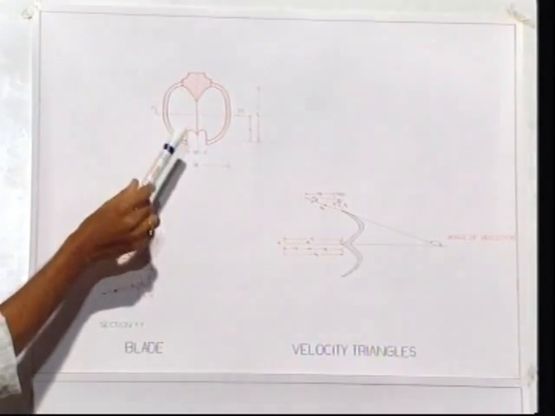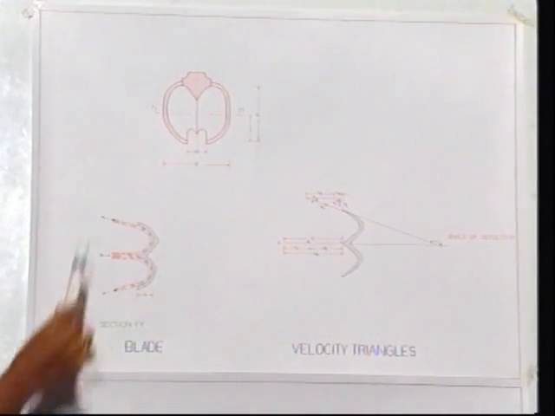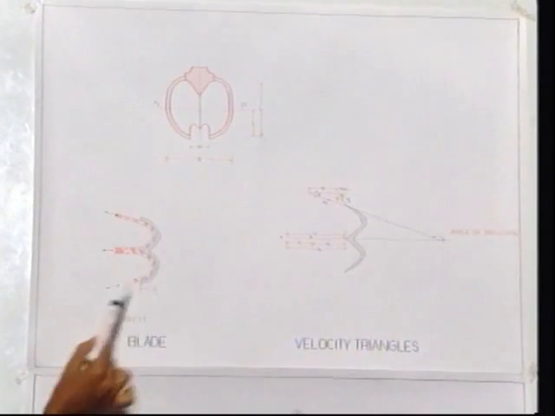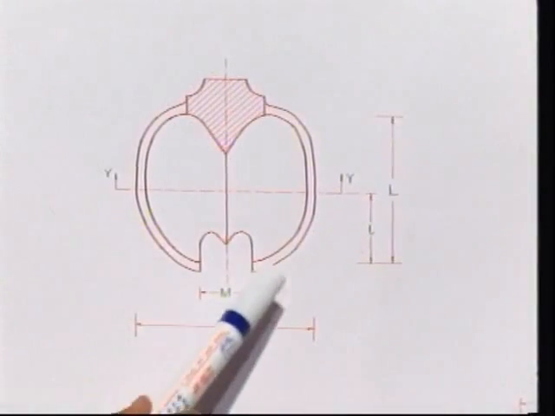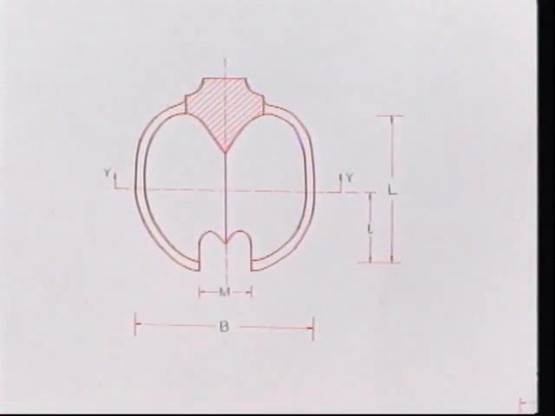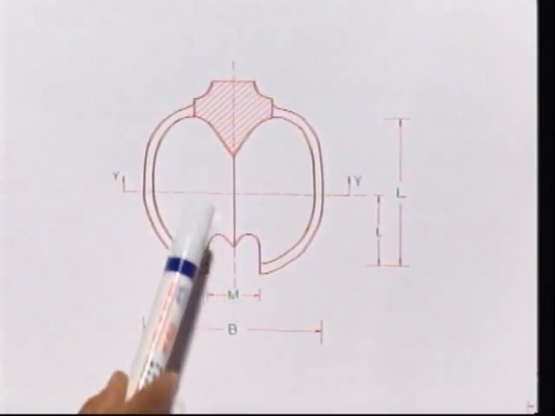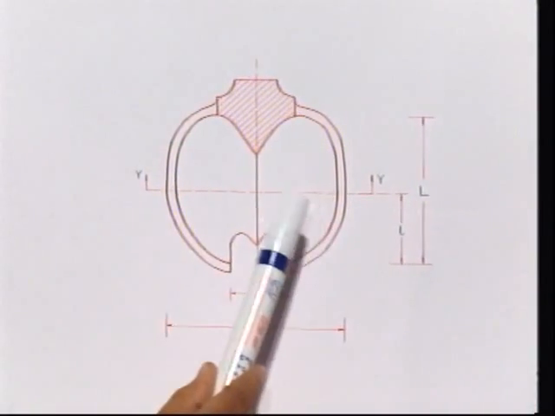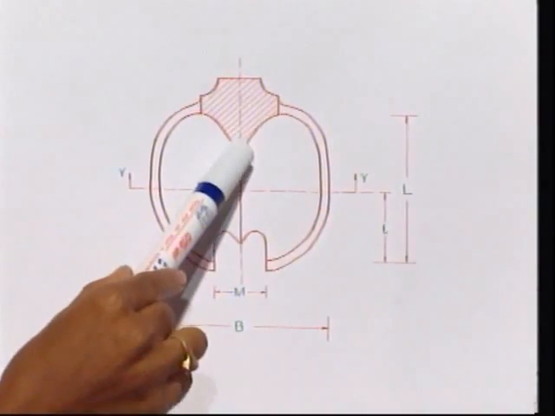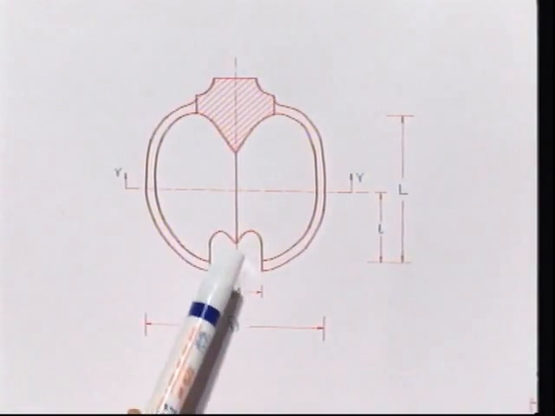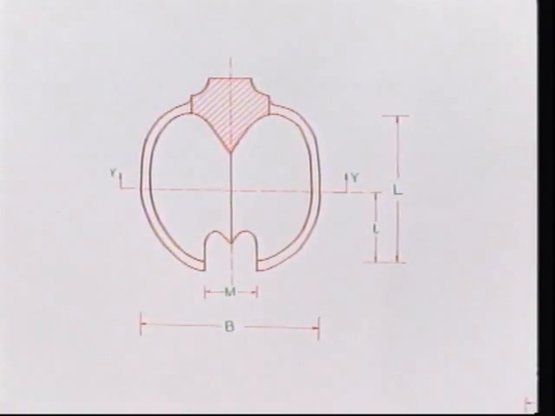double semi ellipsoidal. A cut section view of this is shown here. The shape of the buckets is double semi ellipsoidal. Each bucket is divided into two symmetrical parts by a sharp edged ridge known as splitter.